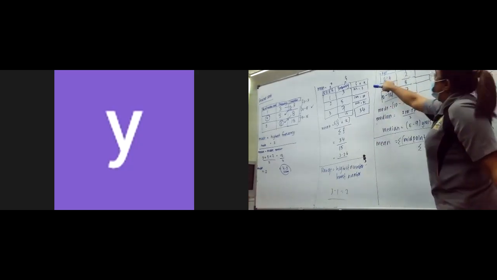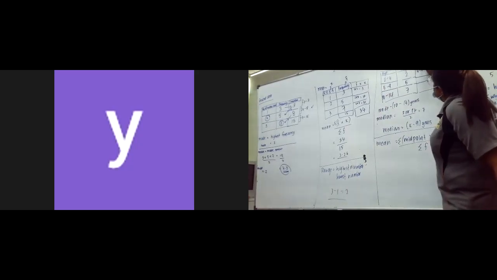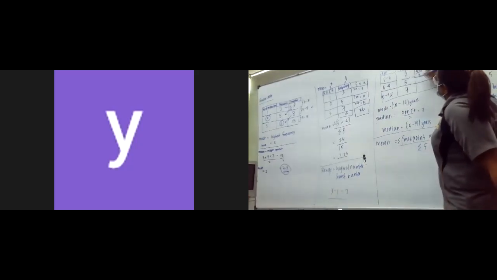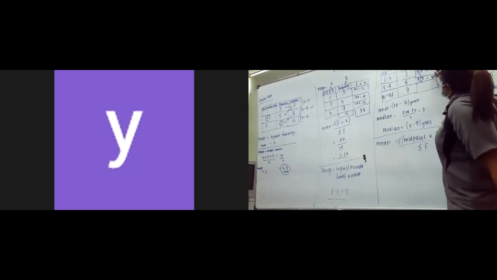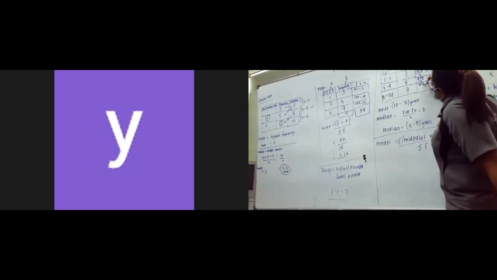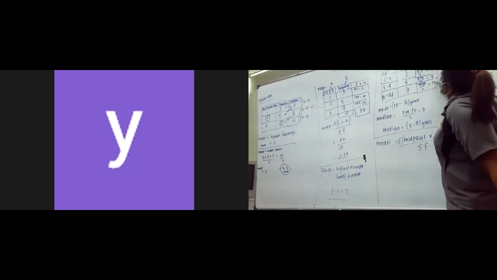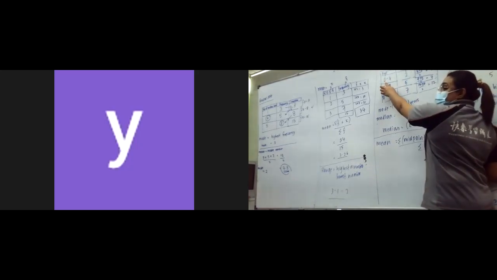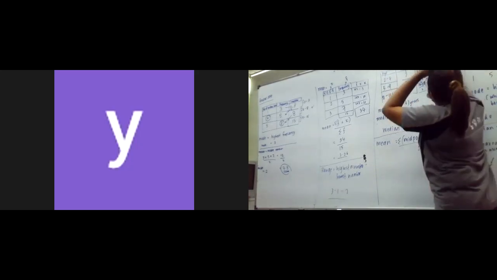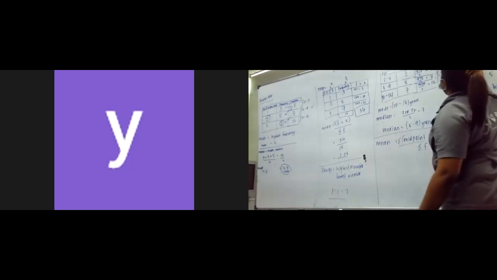Take this plus this. 0 plus 4 divide 2, 2. 5 plus 9 divide 2, 7. 10 plus 14 divide 2, 12. Basically you see 0, 1, 2, 3, 4.